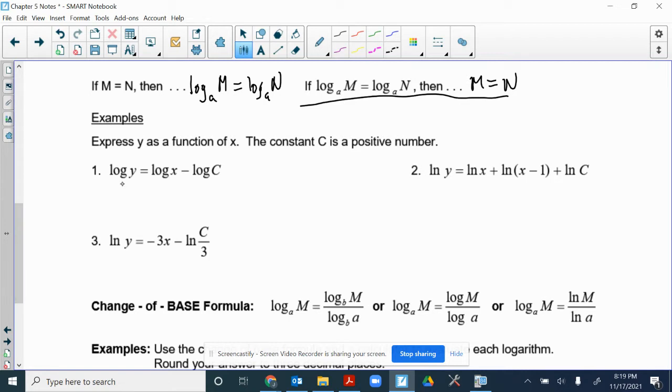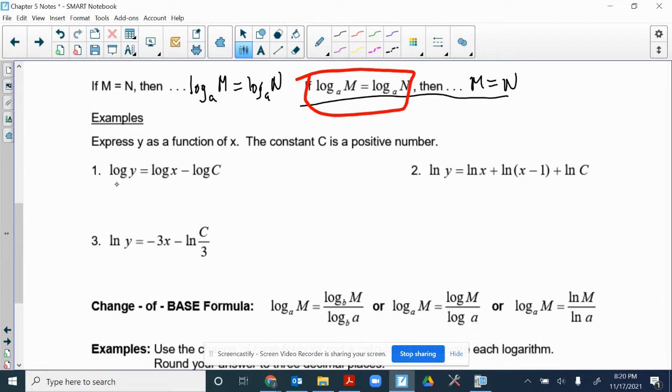So here we have the common log, so log base 10 of y equals log base 10 of x minus log base 10 of c. And they're telling us we want to express y as a function of x, so we want to basically make it y equals, and the constant c is a positive number. So c is just some number that's positive. For this, we want to make it look like a log of the same base of something equal to the log of that same base of something else, so that we can cancel out the logs.